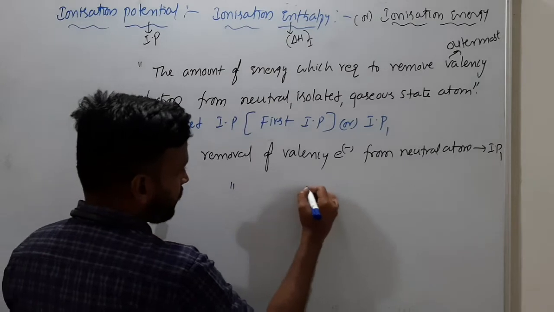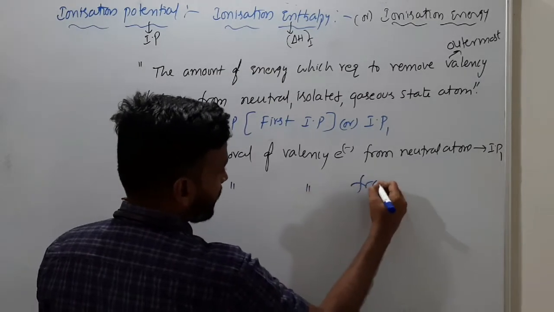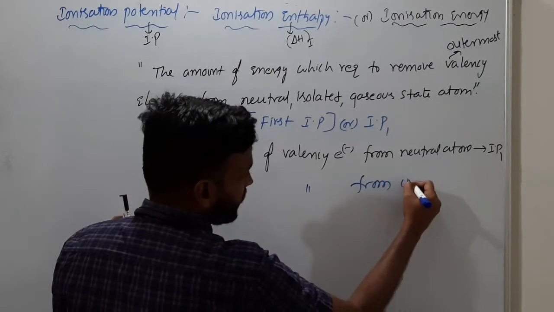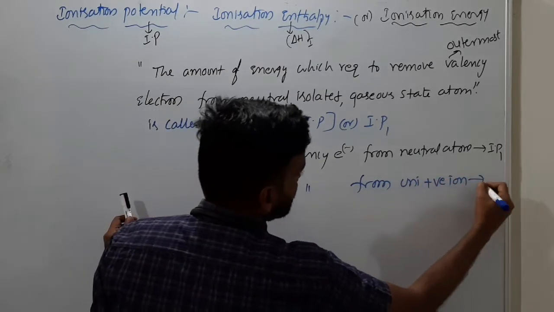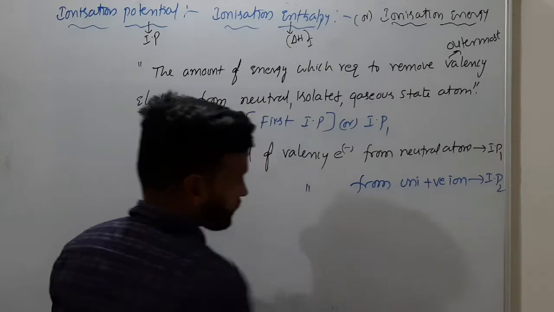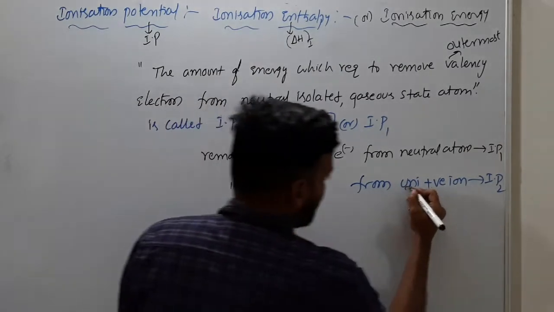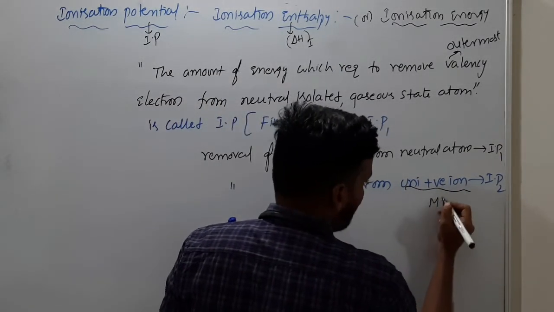Valency electron means the outermost electron. Similarly, removal of a valence electron from a uni-positive ion is called IP2. What is the meaning of uni-positive? Some M plus.